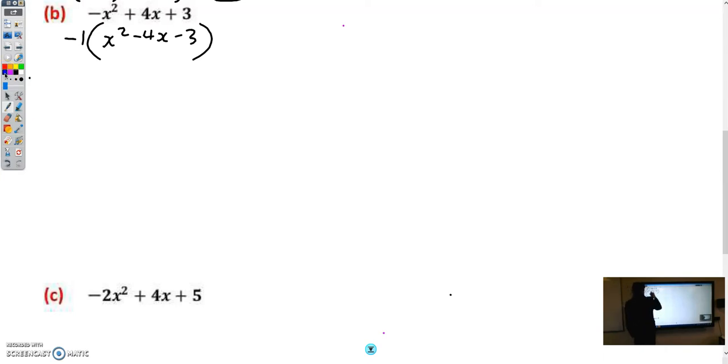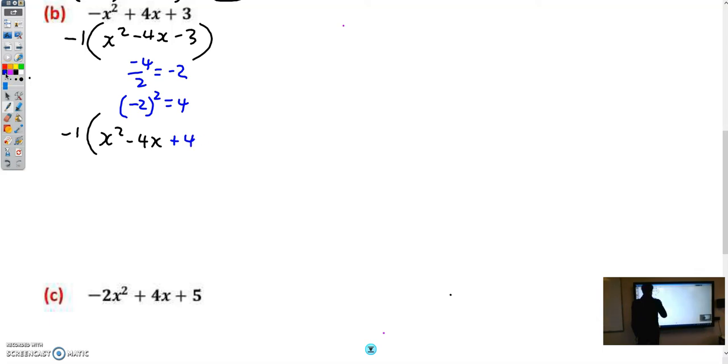So minus 4 on 2 is equal to minus 2. Minus 2 squared is equal to 4. Minus 1 outside of x squared minus 4x. And we're going to add our 4, subtract our 4. And then the minus 3 comes after.